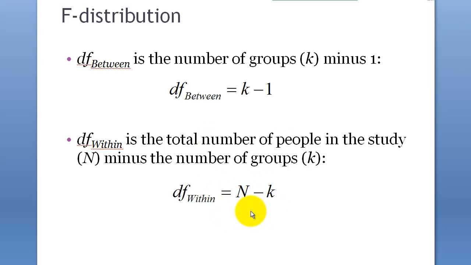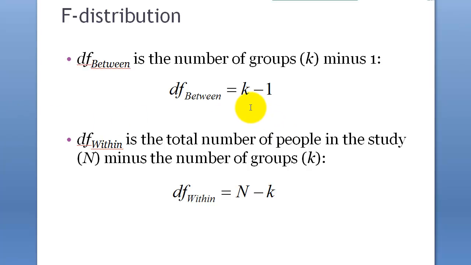It's going to be n, the total number of samples, and k is going to be 3 because we're subtracting 1 from each group. If there are 3 groups, then subtracting the number of groups equals subtracting 1 from each group. So this is kind of easy to remember.